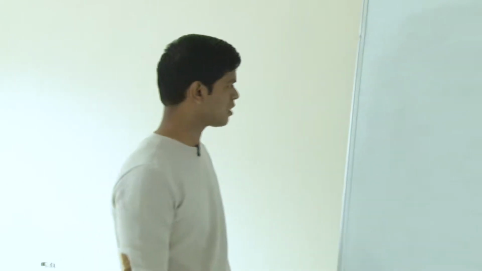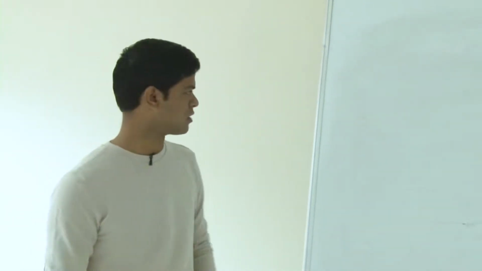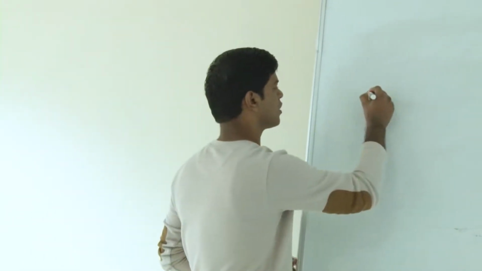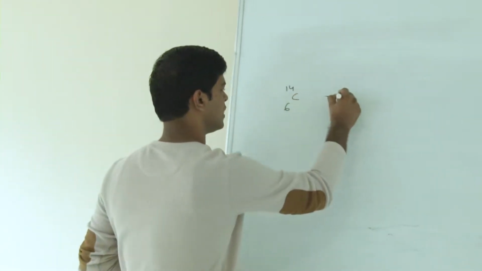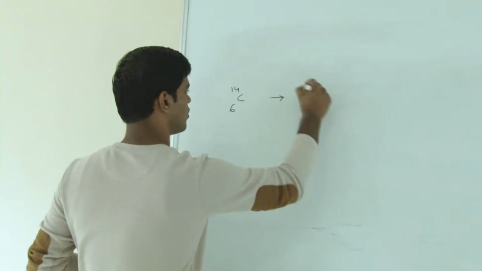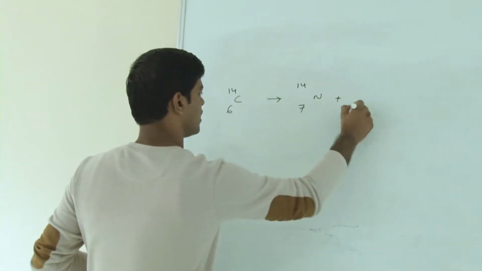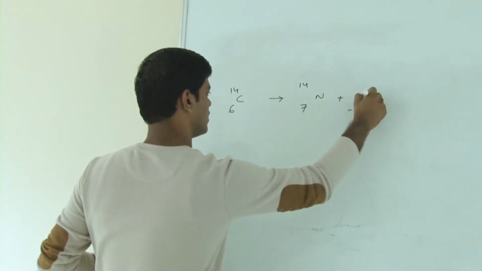Welcome everyone. So, in the last lecture we discussed radioactive decay schemes. We saw that if there is a radioactive isotope, for instance carbon 14, which we know decays to nitrogen with a beta decay, right.